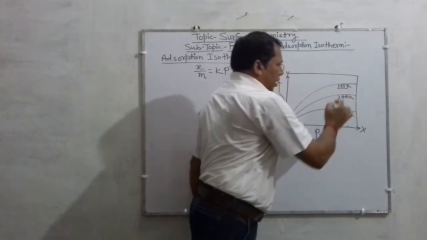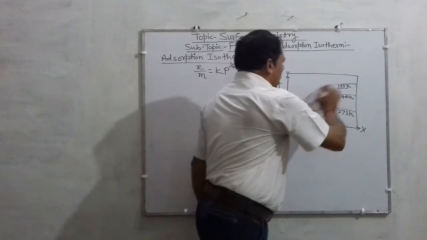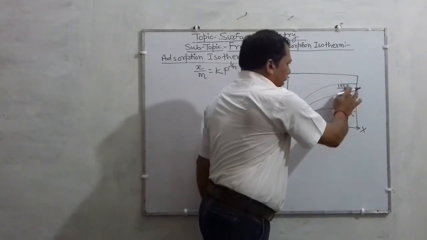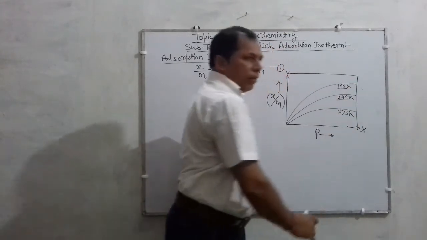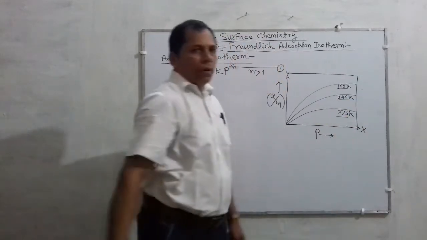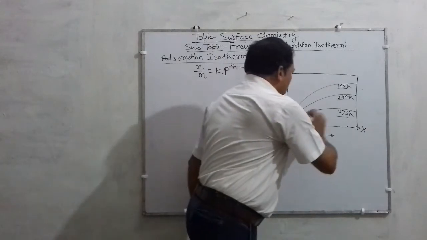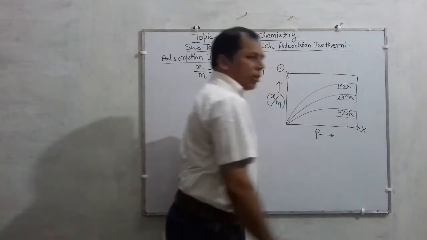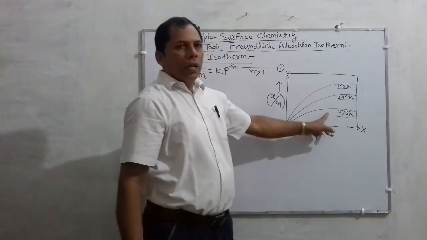Listen, here temperature is 195 Kelvin, the curve is coming as such. If the temperature is increased to 244 Kelvin, the curve is as such, and if the temperature is nearly 273 Kelvin, then the curve is as such. So what is this indicating?